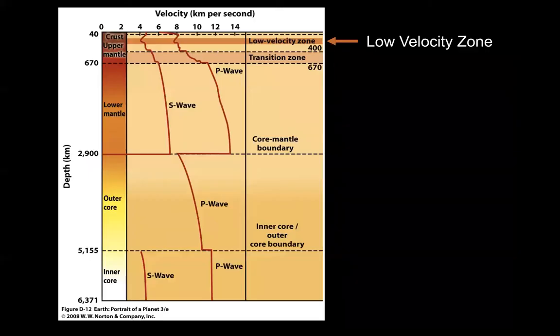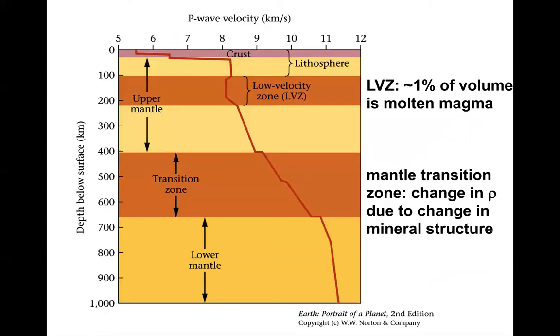Getting back to the low velocity zone here, we're going to zoom in now so that we can see this better. And we see here in this diagram, again from the same textbook, that we have our crust being part of the lithosphere. And now we can clearly see that on average, the lithosphere is indicated to be about 100 kilometers thick. And our P-wave velocities reach their maximum speed in the lithosphere, in the mantle portion of the lithosphere.